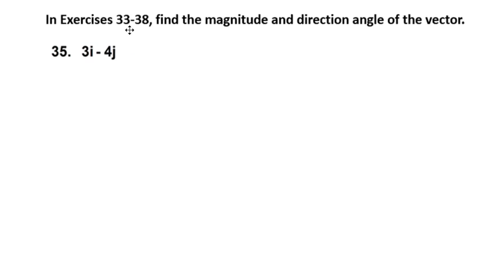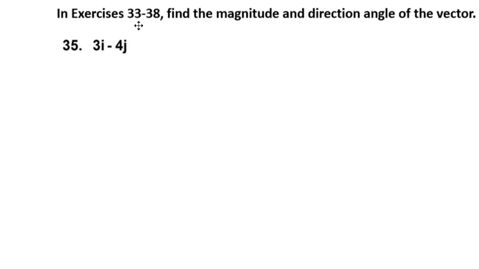Now 35 is written in terms of standard unit vectors i and j. Okay, and those standard unit vectors are, i is equal to the vector 1, 0, and j is defined as the vector 0, 1.